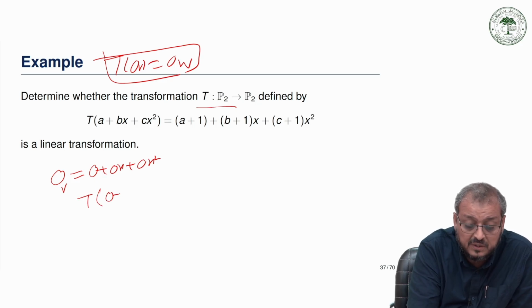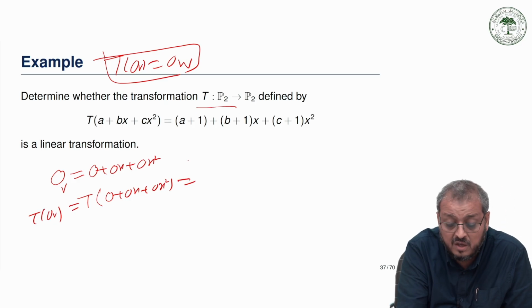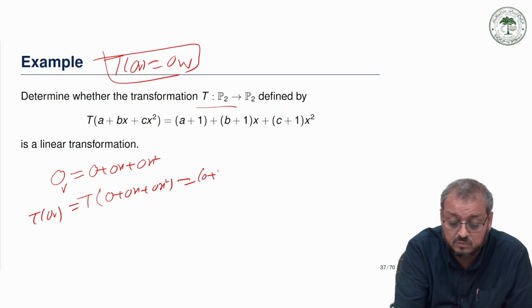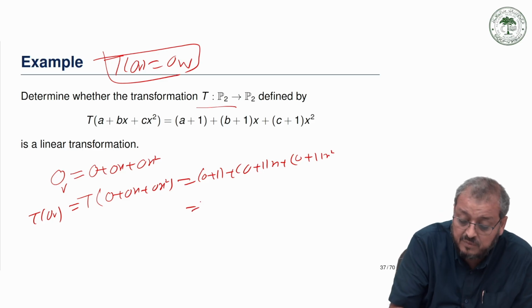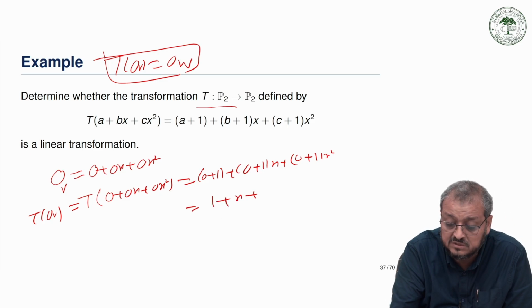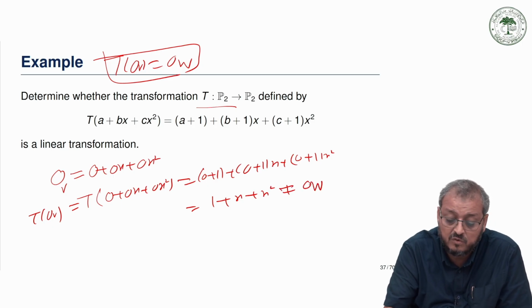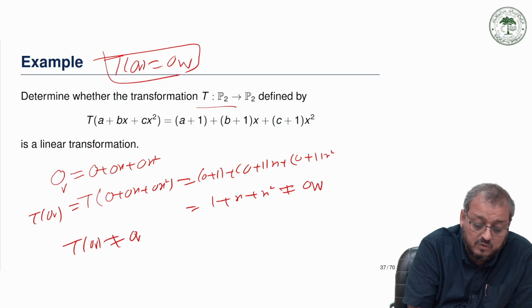So T of 0 of V is defined with constant term 0 plus 1, plus 0 plus 1 x, plus 0 plus 1 x square, and this is equal to 1 plus x square. Clearly this is not equal to the 0 of W, and this means T of 0 V is not equal to 0 of W.